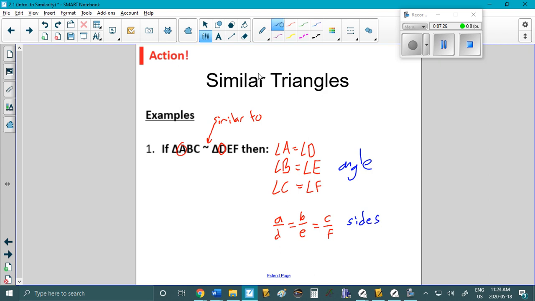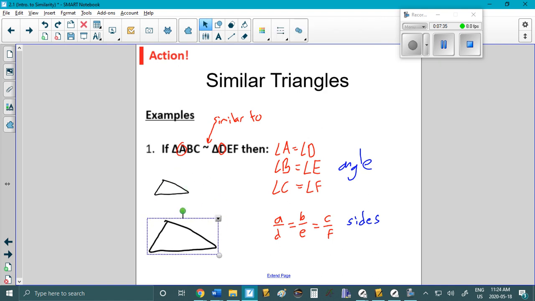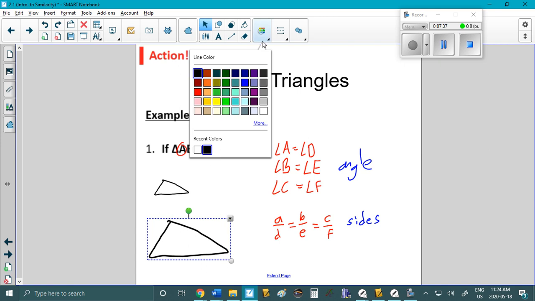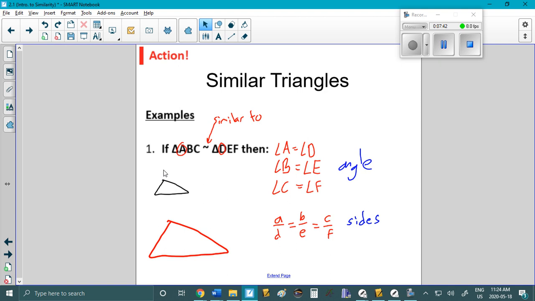And let me show you how this sort of works here. So let's say we have this triangle. And I copy it. Okay, so this will be triangle A, B, C, and then this will be triangle D, E, F. So let's say that to get from this little triangle to the big one, we doubled everything.